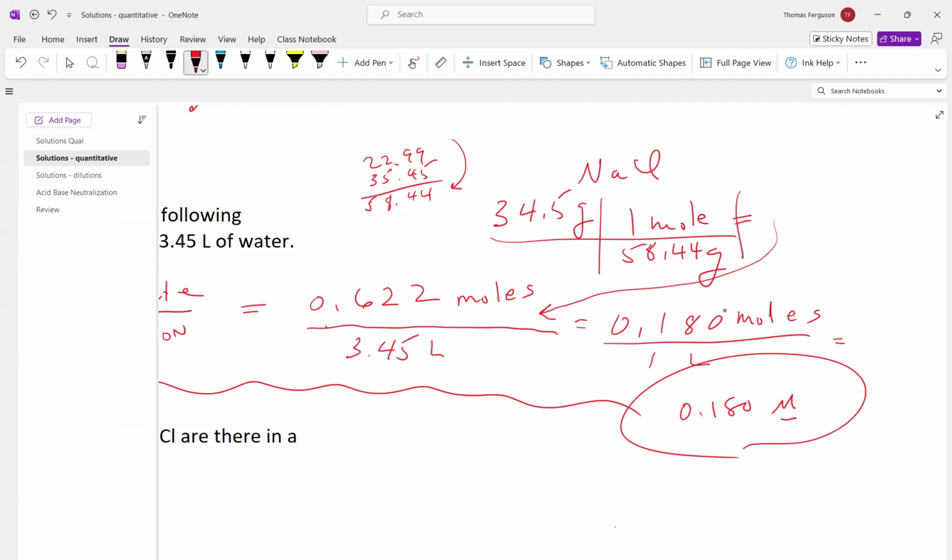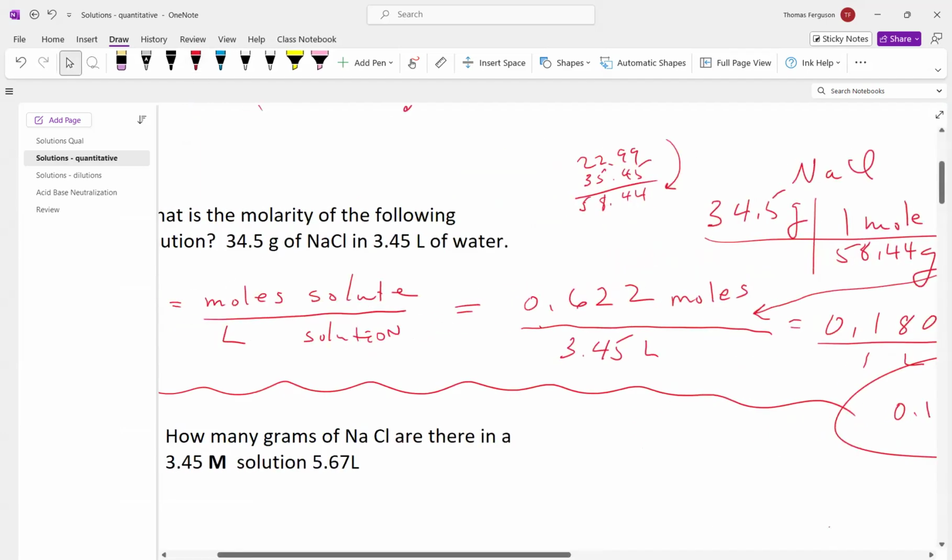Given, yep. See it up there? Three. Right there. And that 58.44 is the molar mass for sodium chloride.